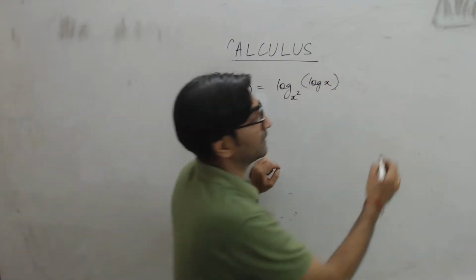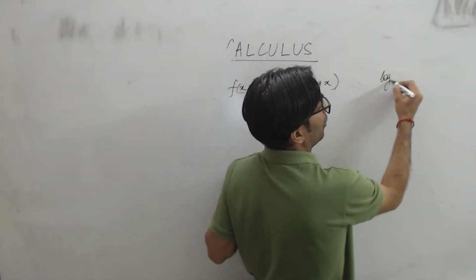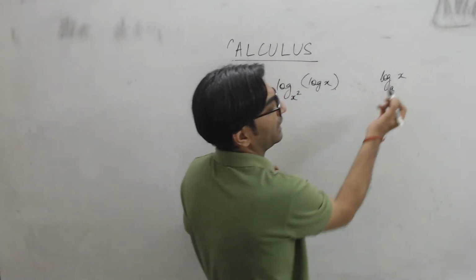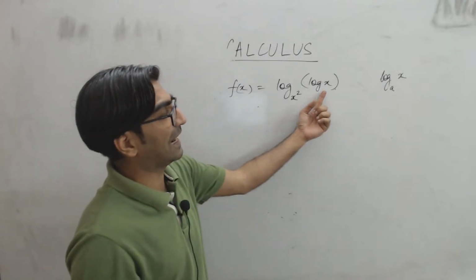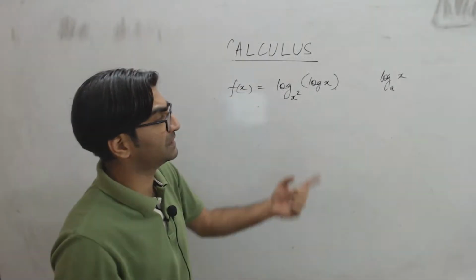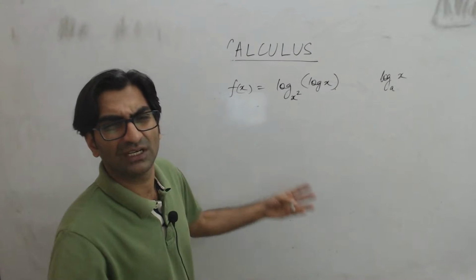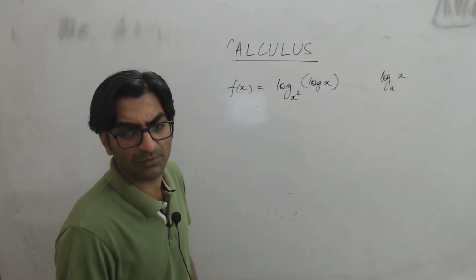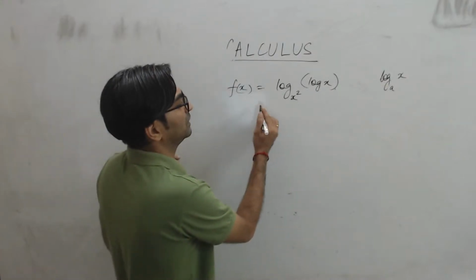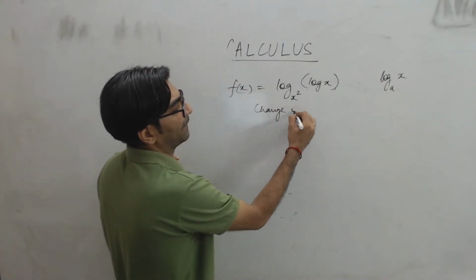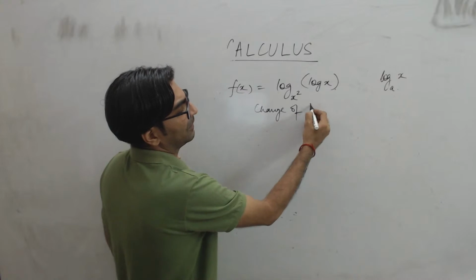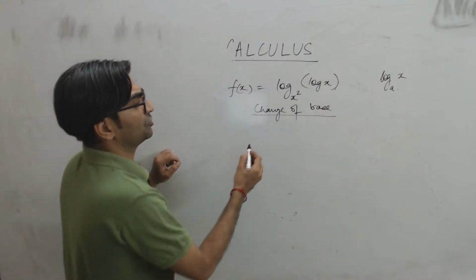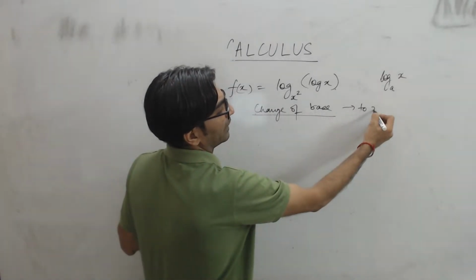Remember, log of x in the base a usually has a base and a radicand. In this case, the radicand itself is a logarithm and the base is an exponent, right? So clearly, to proceed, the first thing I'll do is something that most of you are suggesting, which is change of base. Ideally, I don't want the base to be x square. I would like the base to be x. So change the base to x.